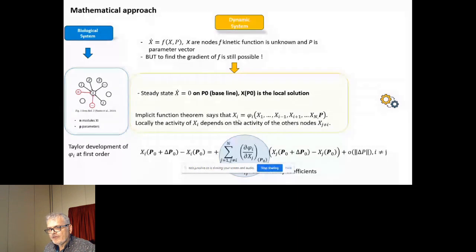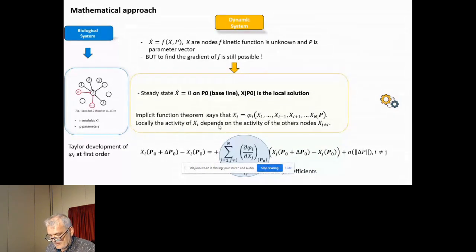To obtain the regressive approach in modular response analysis, the main idea is to consider the Taylor development at the first order of xi. The variation of the activity of a node xi depends on the sum of contributions of the variation of the other nodes xj. The quadratic error is the vector parameter p, and the coefficient of this Taylor development is the derivative of xi in relation to xj.